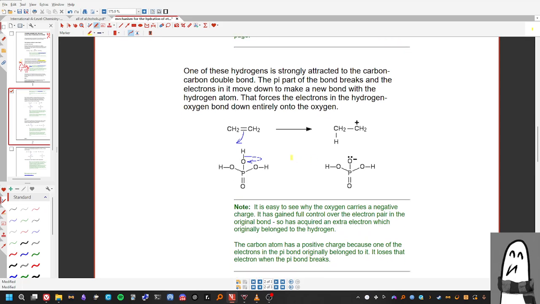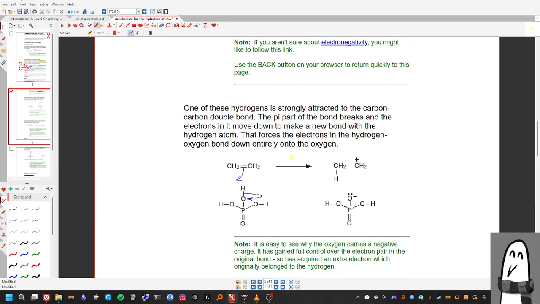So we're having an arrow downwards, and okay, we are drawing the H2O bonded with the phosphate, which is kind of scary.